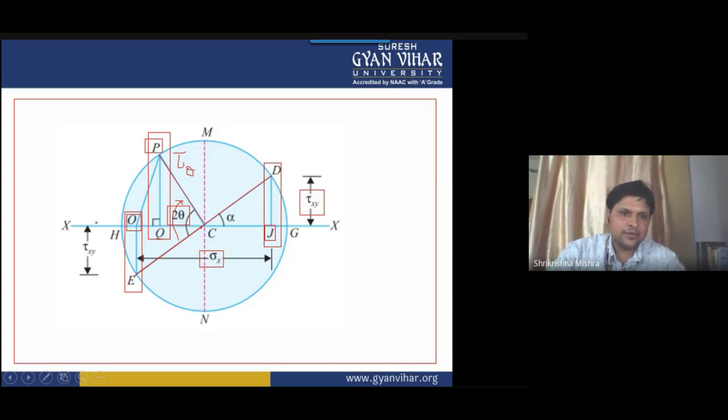And when you measure this value of OQ from O to Q, this value will give you the value of sigma theta. How will you get the value of resultant stress OP? You will join this O to P, and you will get the value of resultant stress.